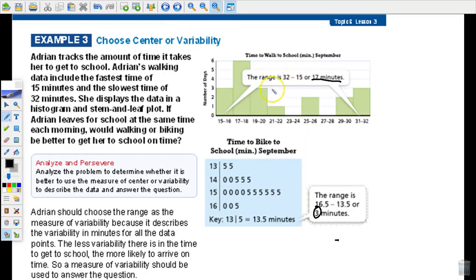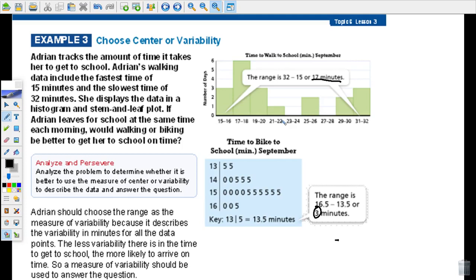Okay? All right, so what do we think? You're right, the median. The median would be the best way.